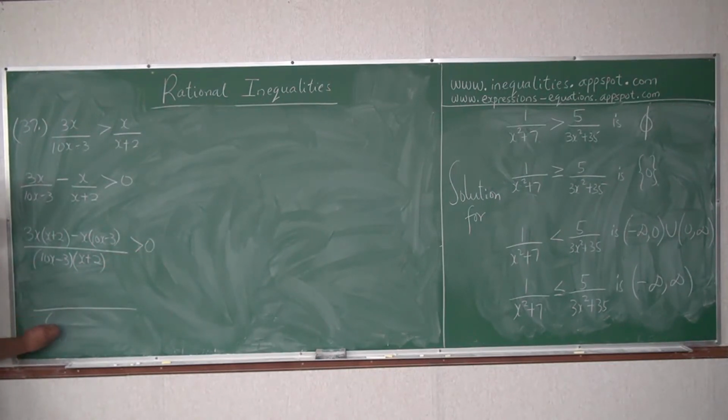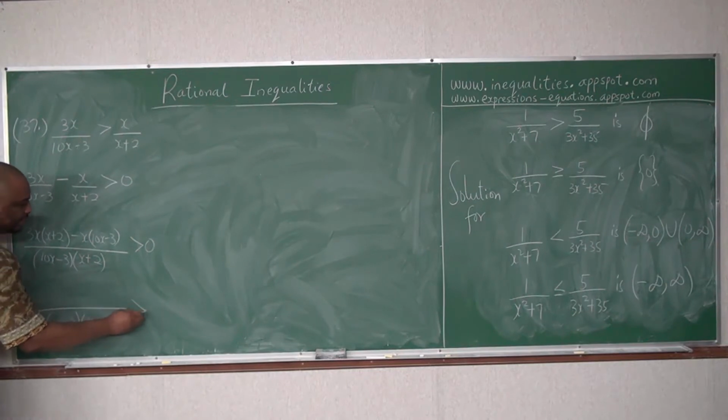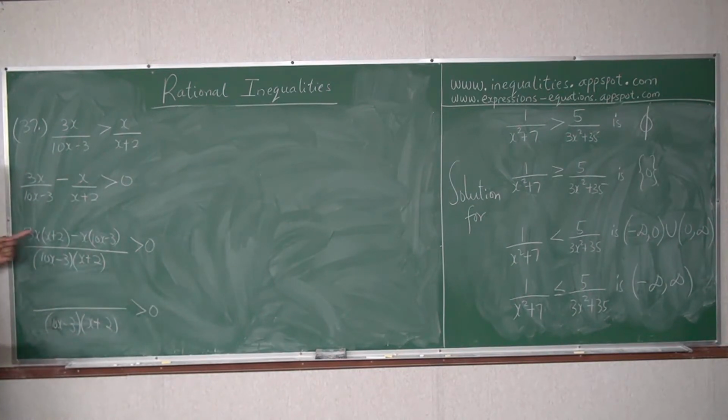We write the LCD again, 10x minus 3 times x plus 2, greater than 0. We can distribute here. Using the distributive property, we have 3x squared plus 6x minus 10x squared plus 3x.